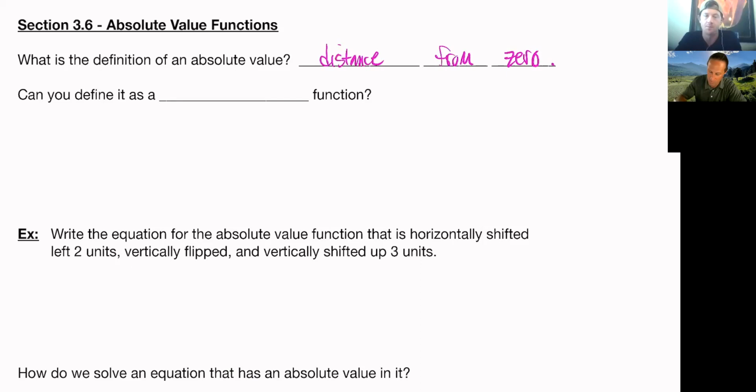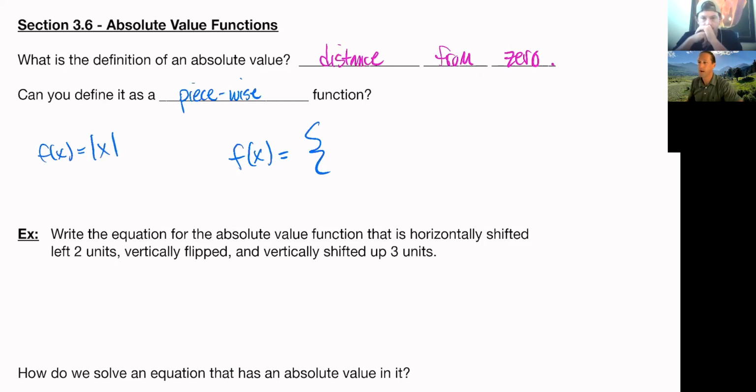But can you define what an absolute value function is as a piecewise function? If I asked you to give me the function for the absolute value, you cannot just put this. I want you to expand on that. What would I get if I chose something positive?